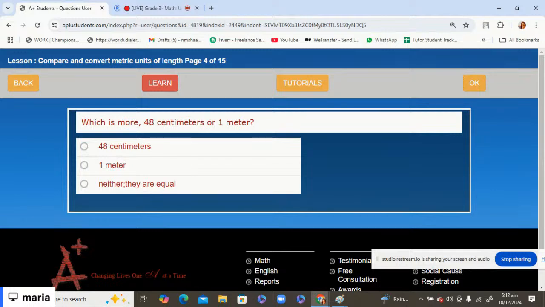You are not checking the numbers or the digits, you are checking only the units. When you see the units, what answer do you get, centimeter or meter? It's meter. Okay, option B, good.